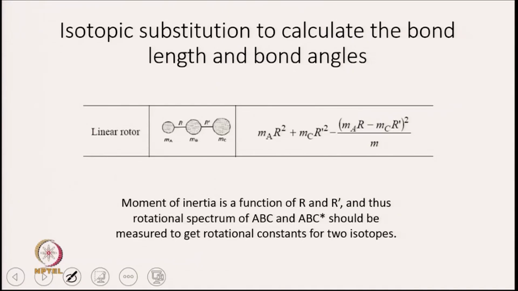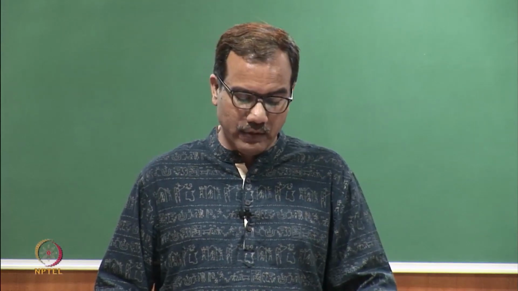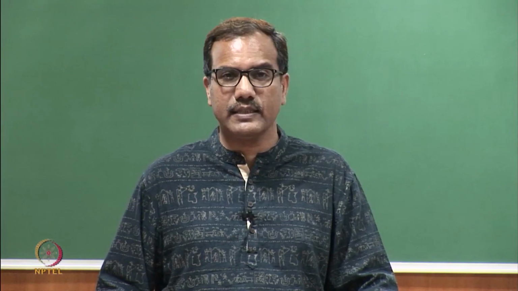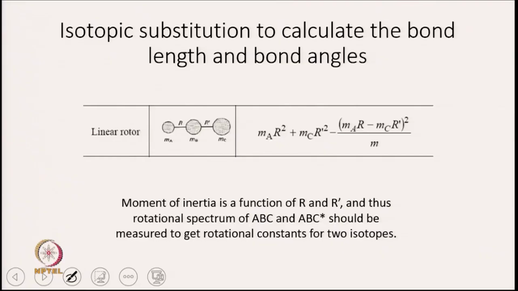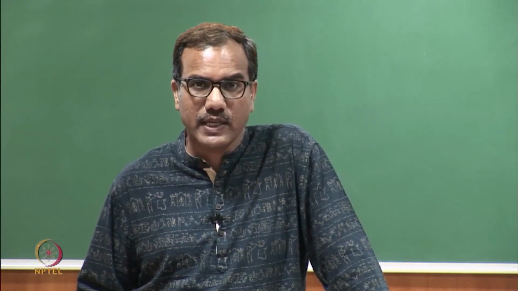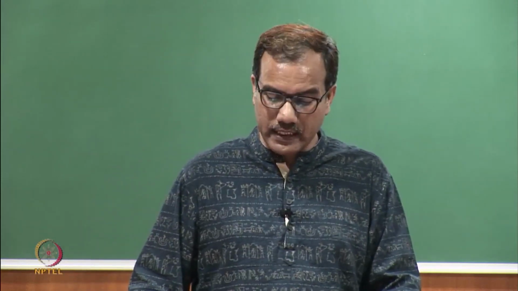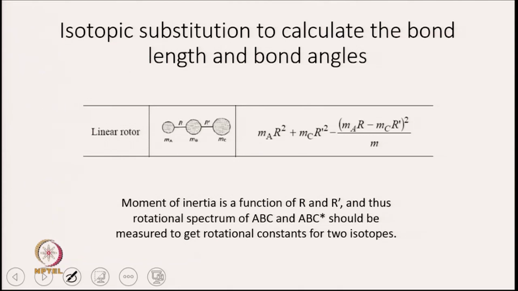The one thing which is done is isotopic substitution, and the good thing is once you do that and see the rotational spectra of that isotopic molecule, then not only can you get bond length, you can also calculate bond angle. For example, for this linear rotor, I just told you that moment of inertia is a function of r and r dash. So one way to get r and r dash is to obtain the rotational spectrum of molecules, suppose ABC and ABC star.